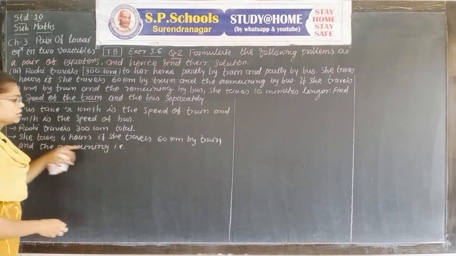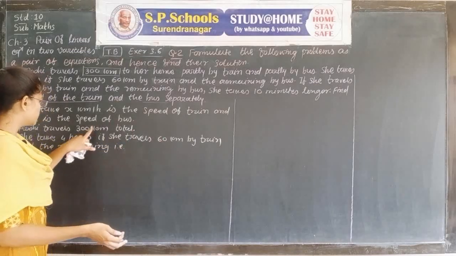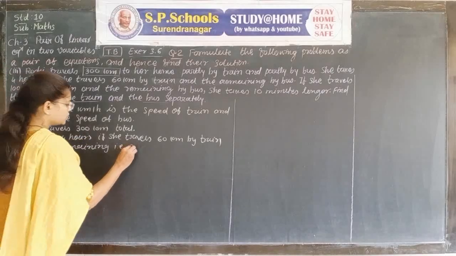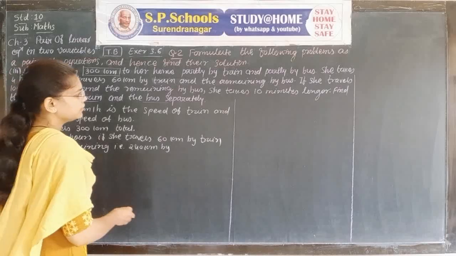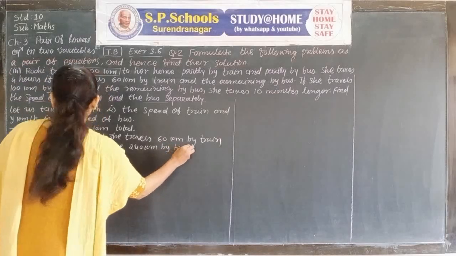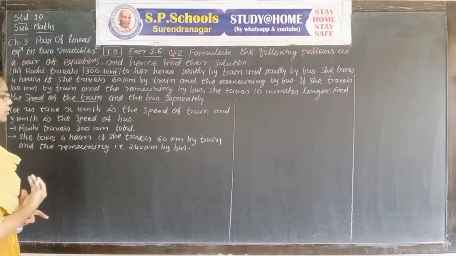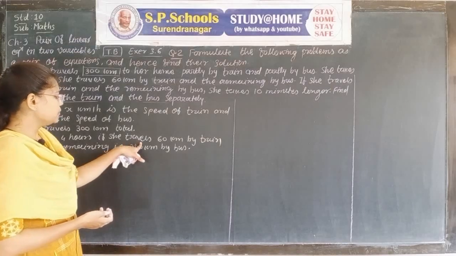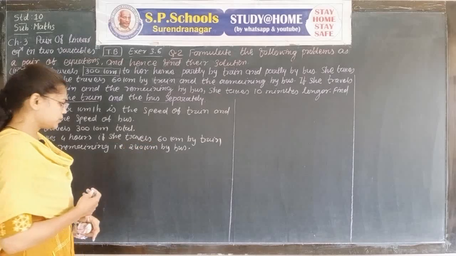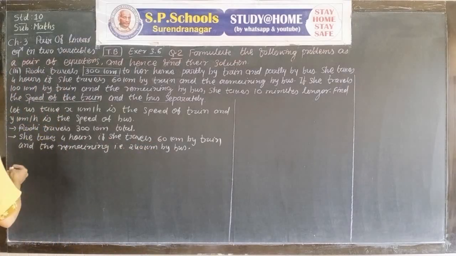That is, 60 km by train, the total distance is 300, so the remaining is 240 km by bus. The total time is 4 hours. First of all, we need to find the time she travels 60 km by train and the remaining 240 by bus.